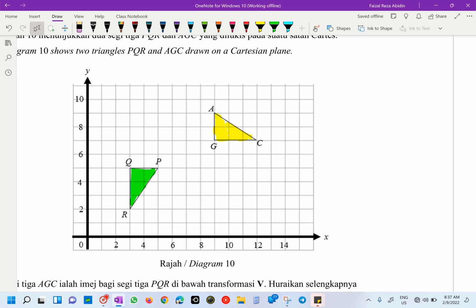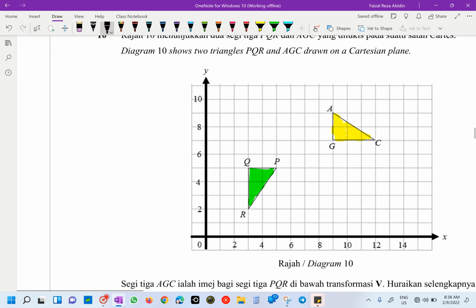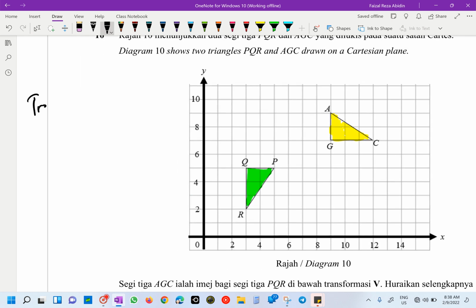For translation, the orientation is going to be the same. In the diagram, the object and image have the same shape and orientation. And translation, we are going to have A and B like this. It moves right, left, up, down.